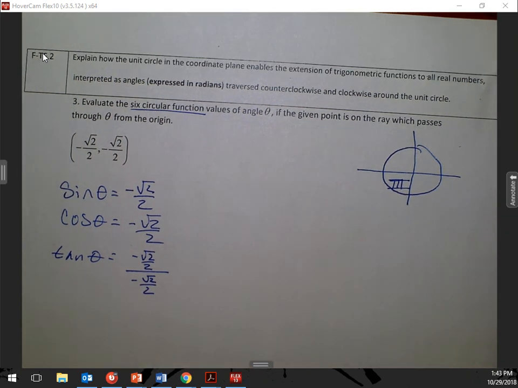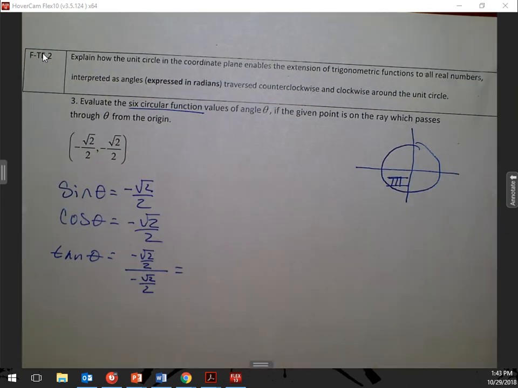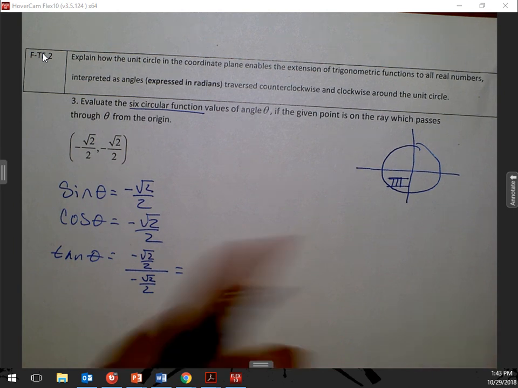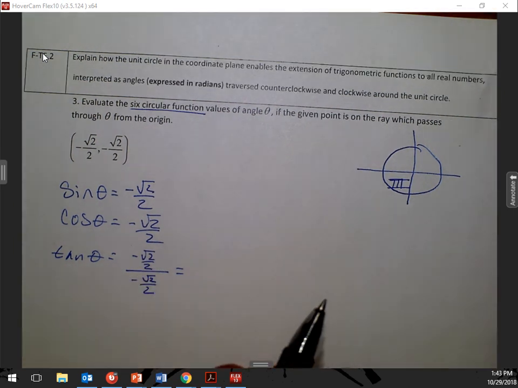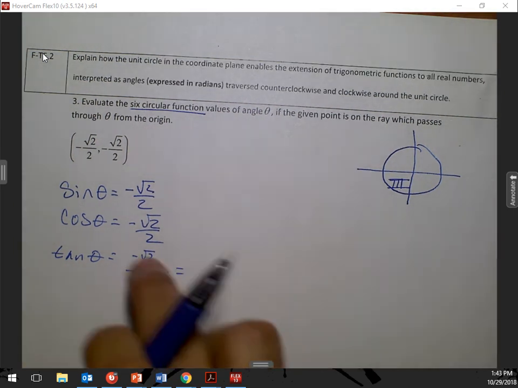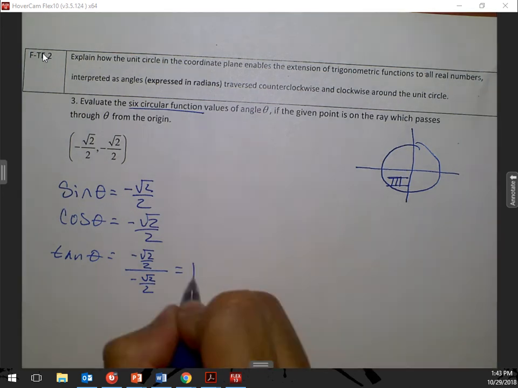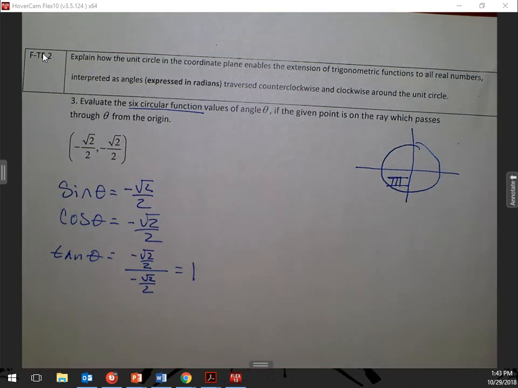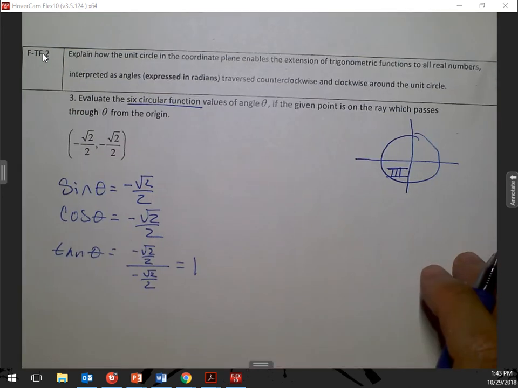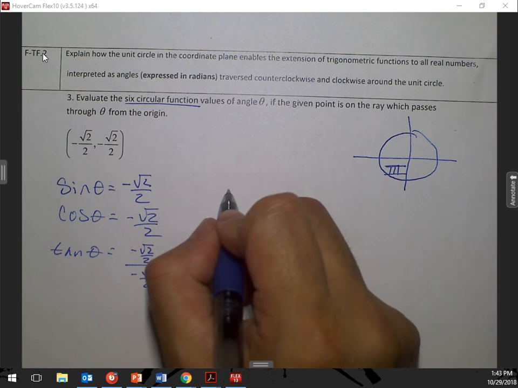Thank you, very good. I get the same on top and bottom, don't I? Yes. So I have a negative and a negative, so it makes it a positive one. But what if I had the same, but they were different signs? It would be a negative one. Very good. So there's the first 3. Let's look at the next one.